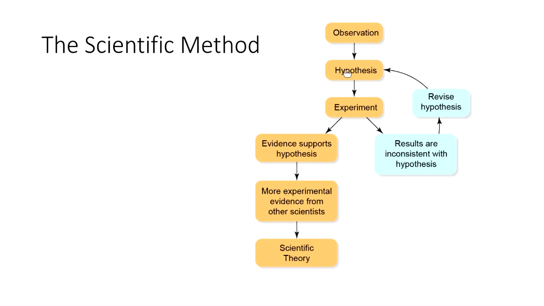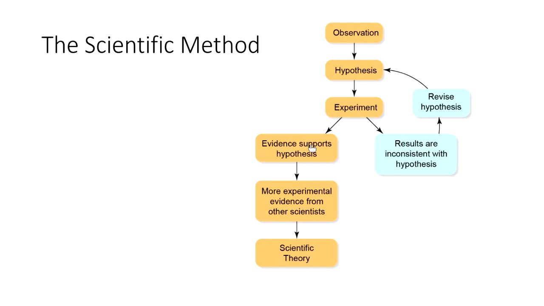And then you go and do your experimentation, and you can have one of these two results. Your experiment can go perfectly right and prove that the hypothesis was correct, right? And then you have evidence that supports the hypothesis, right?